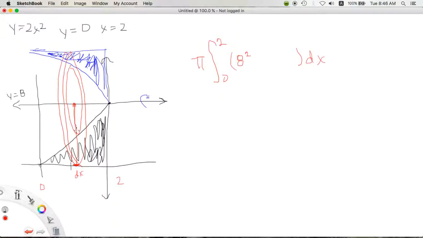And then we need the little one. We go from 8 out to the function, and then square that.